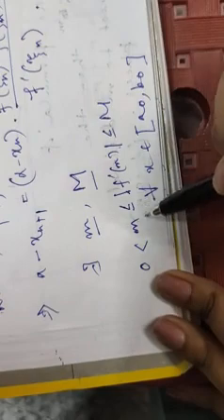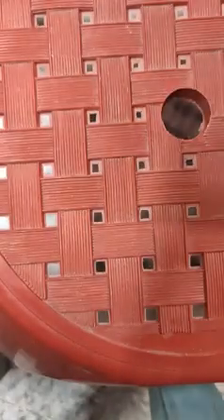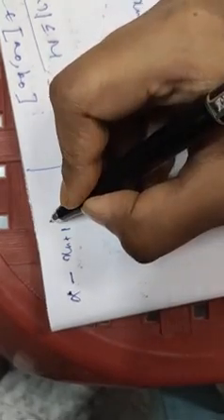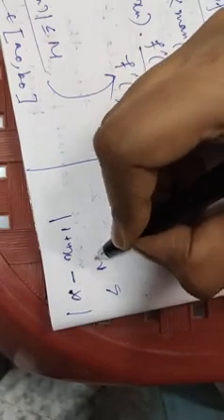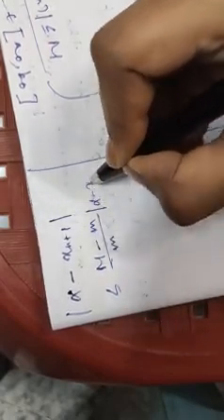Okay, now we will use that inequality. We can write modulus of alpha minus xn plus 1 is less than or equal to capital M minus small m by small m into modulus of alpha minus xn.